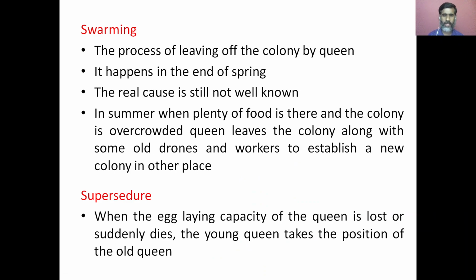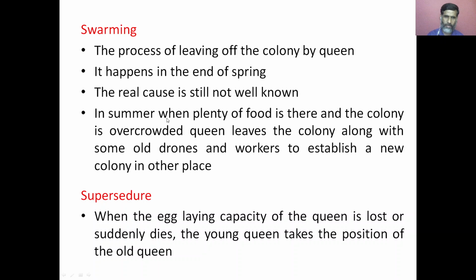Whenever we are talking about apiculture, we will come across some very important terminologies like swarming, supersedure, etc. We'll see what they are. Swarming is the process of leaving of the colony by the queen. Sometimes the queen will run away from that place. That is called swarming. It happens at the end of spring generally. The real reason for this swarming is still not very clear.